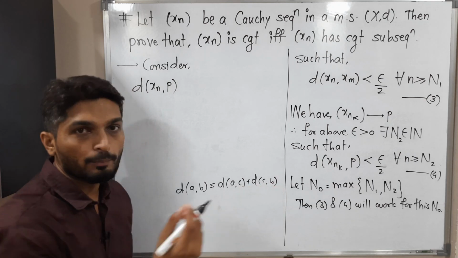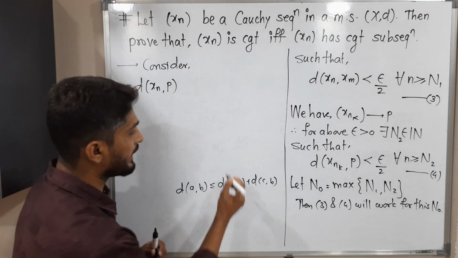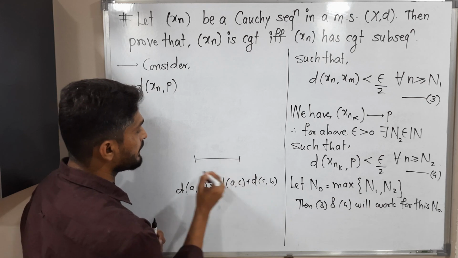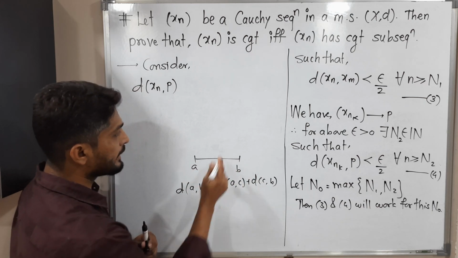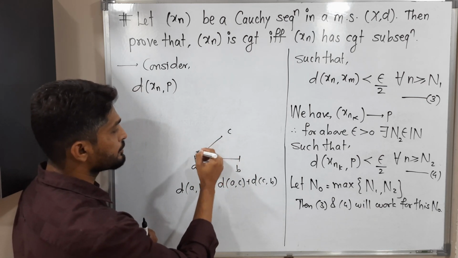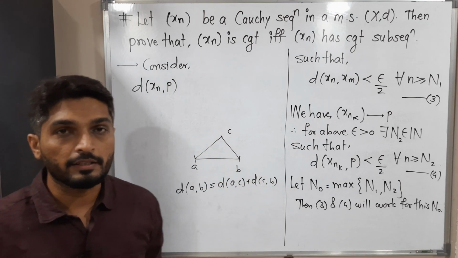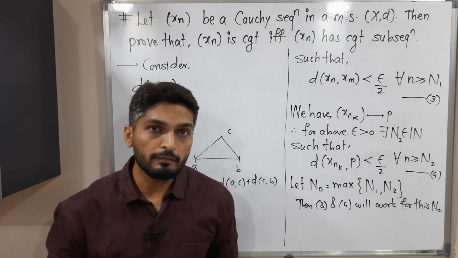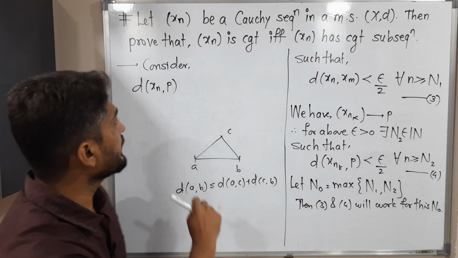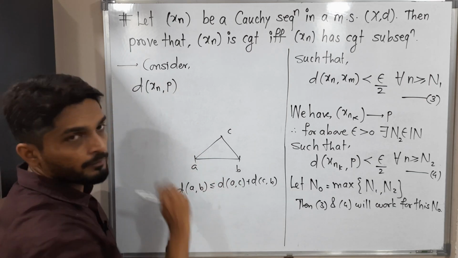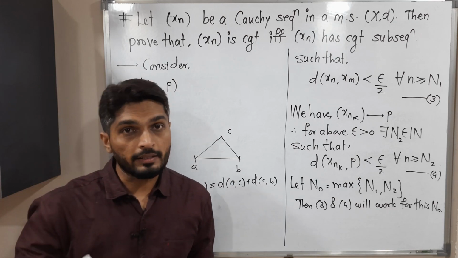If you add one point C here, you will get this type of triangle inequality. Distance between A and B is less than or equal to, if you take any point C, distance between A and C plus distance between C and B. So this is triangle inequality. For triangle inequality, we need to have 3 points. But right now we have just two, xn and p. I will take xn k, that is a third point.